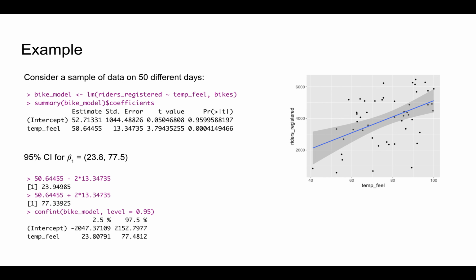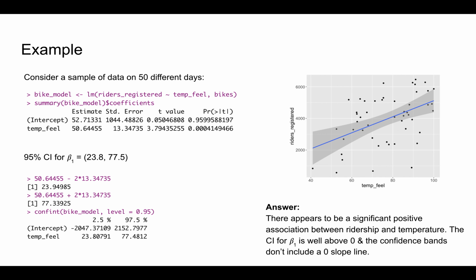We can be 95% confident that for every 1 degree increase in temperature, the typical increase in ridership is somewhere between 24 and 78 riders. The fact that this confidence interval lies so far above zero, and that our confidence bands don't include this zero-slope line, provide ample evidence of a positive association between ridership and temperature.